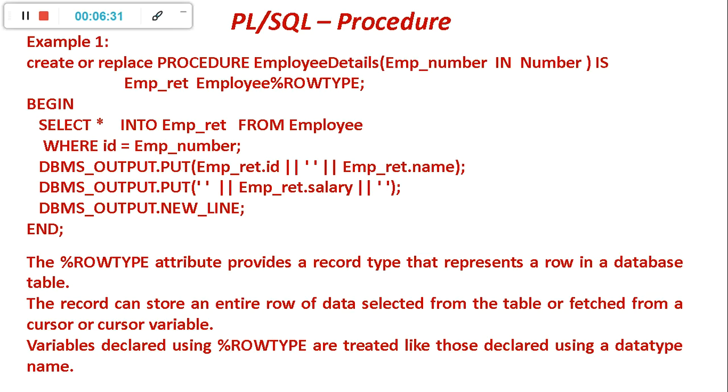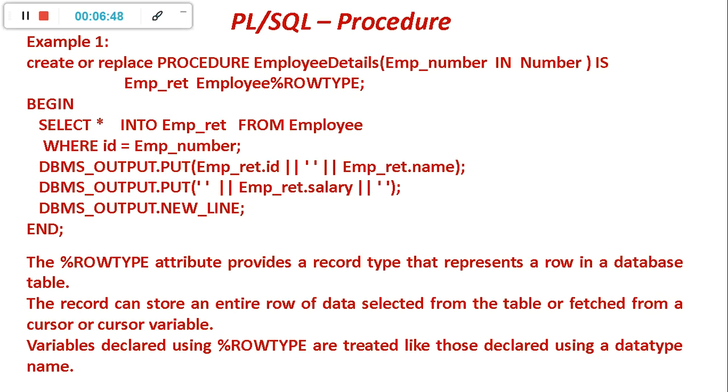If we pass the employee id as an in parameter, then it will select and display the details related to that particular employee, that particular record.